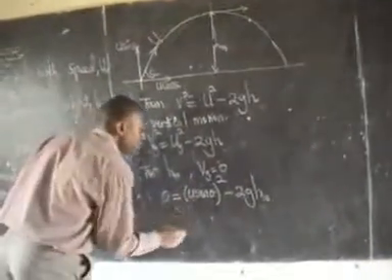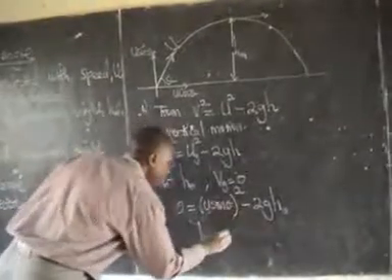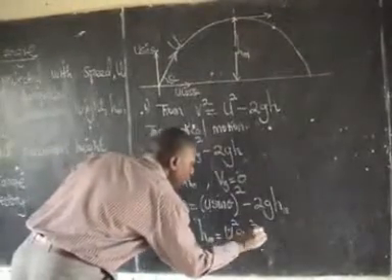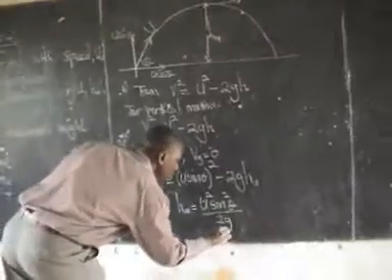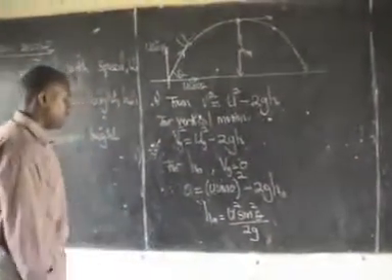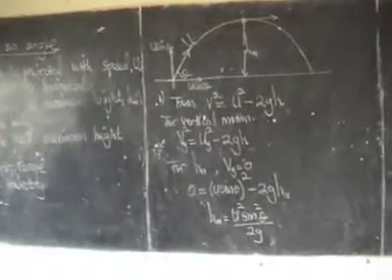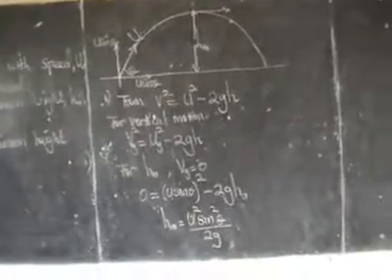So when you make it the subject, you get hm is equal to u squared sin squared theta divided by 2g. That would be the expression for maximum height attained by the body.